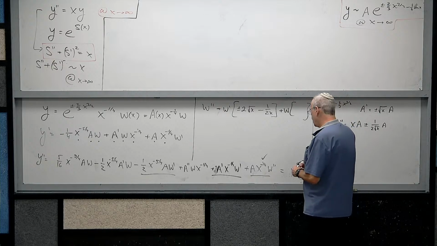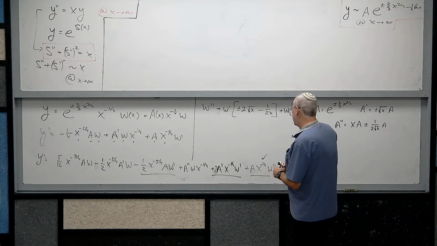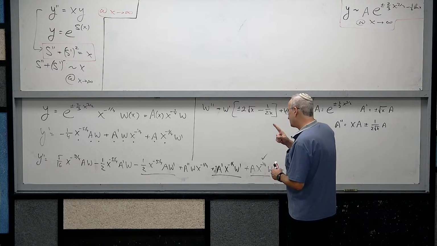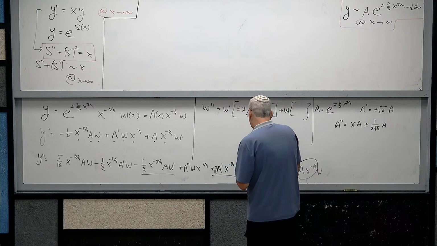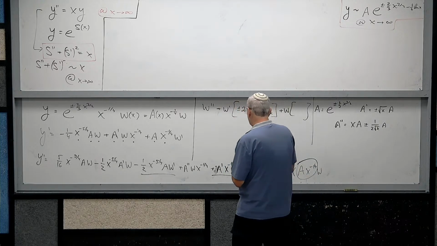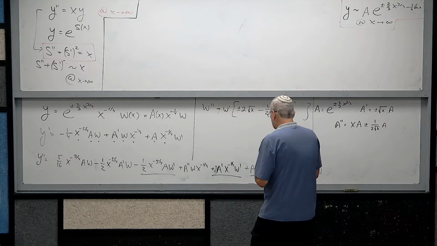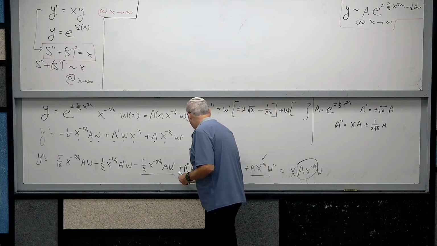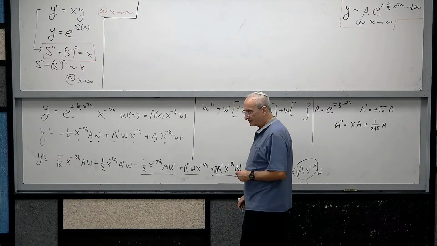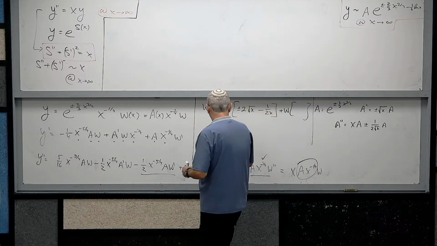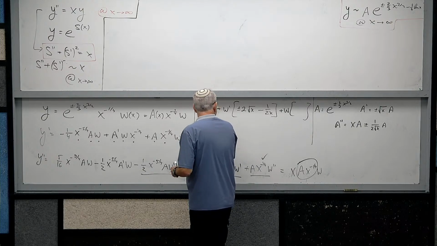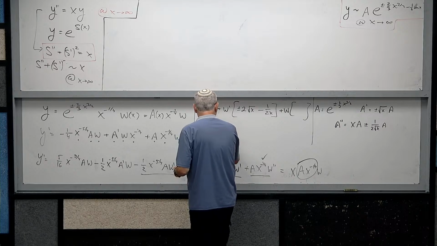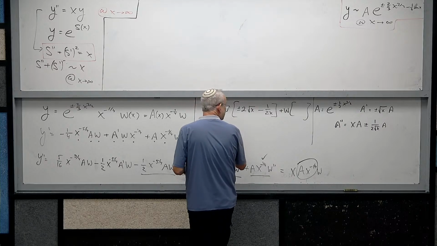What are the terms that are of order w? Let's look at this term. This term is a double prime, which is x to the minus 1/4 times a, which I've taken out, with plus minus 1 over 2 square root of x.